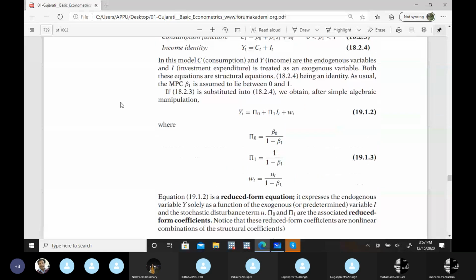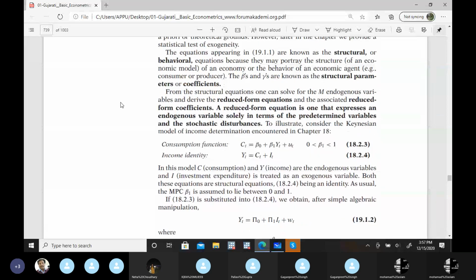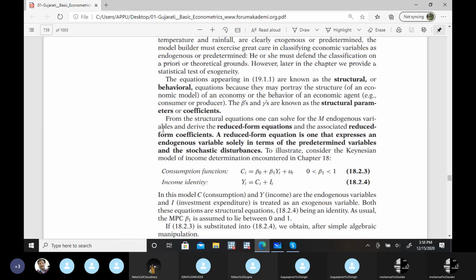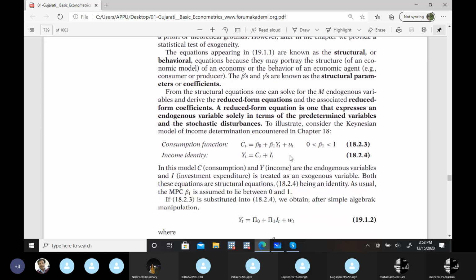Okay, so then come back to this second part. Will we be able to estimate unique coefficients for all these variables or not? Means in this case, okay, यही लेते हैं simple case.